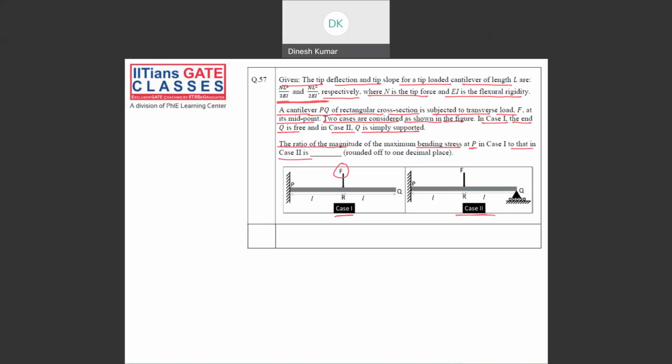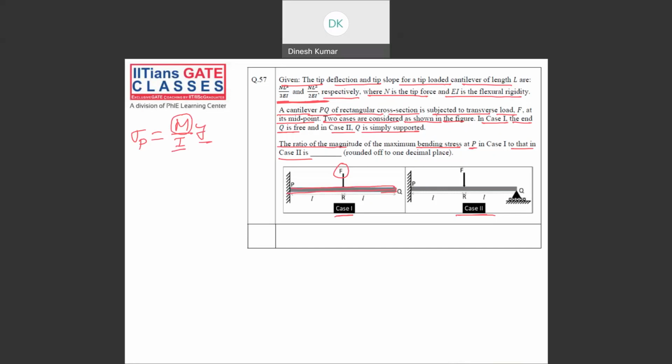So guys, we know my bending stress at P, sigma P, will be M upon I into Y. Now for this given beam at P, your Y will remain same, your inertia will remain same. If you compare case 1 and case 2, what is changing? Your moment will change.